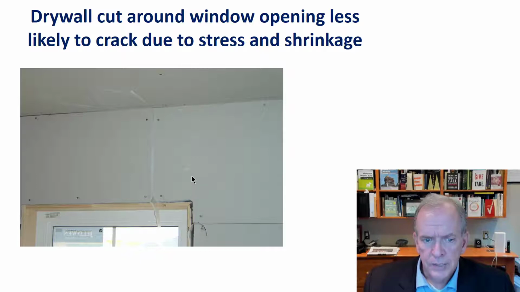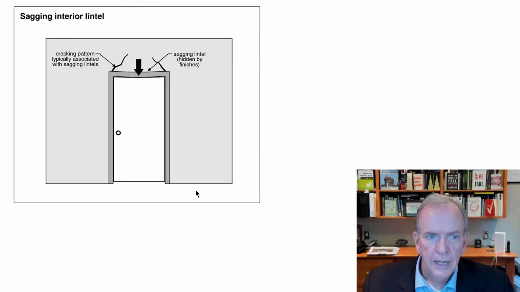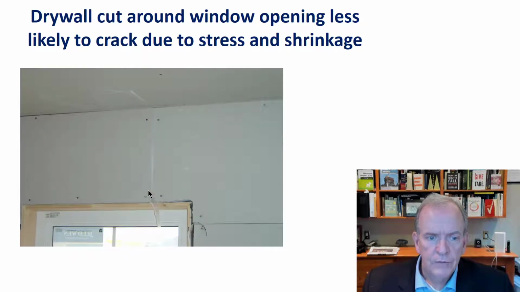A lot of times I see the drywall go straight up, and they cut a straight piece here and a straight piece there. And you've got a very high likelihood that where the joint is, you're just going to get a nice straight crack up there. It won't really crack the drywall like here if you have the drywall cut around, and even more is better depending on where your cripple studs are.